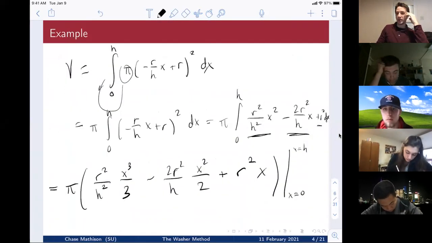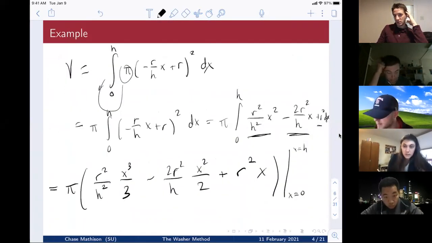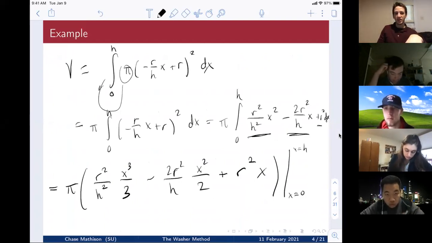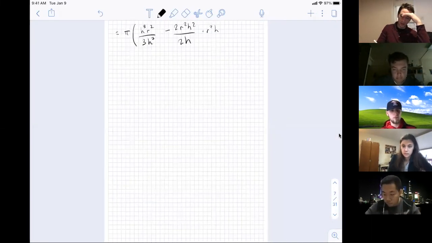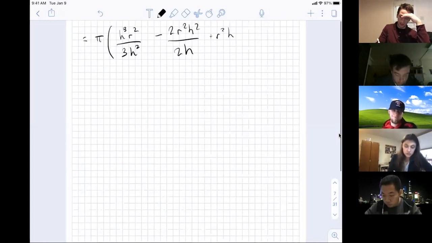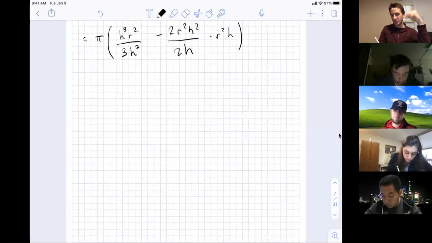And then what do I get when I plug in 0? I think someone said it. It's just 0, right? When I plug in 0, everything has an x, so I'll get just a 0. Okay, so this is what I have after plugging in h and 0.